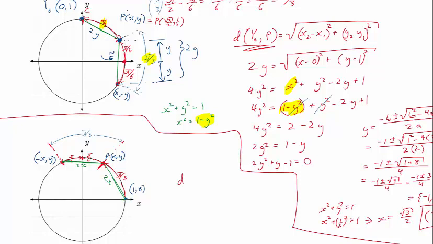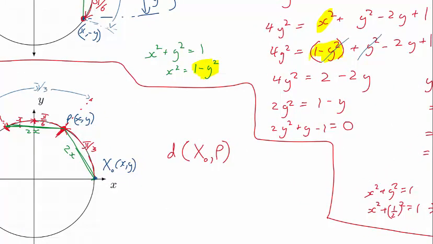So the distance between our, we'll go ahead and call out this coordinate x naught. And so this is the distance between x naught and p. Okay? X naught and p.